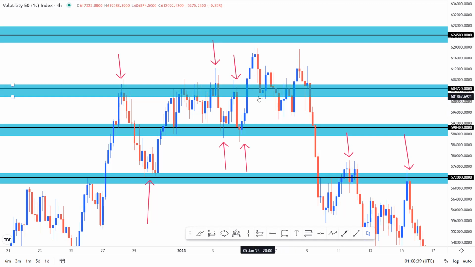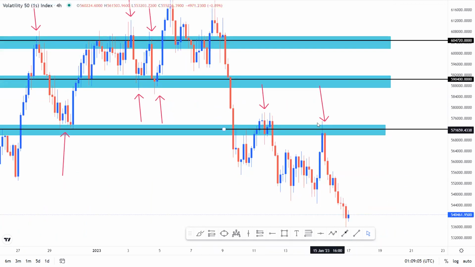As you can see from the Volatility 51 index chart here on my screen, I have clearly identified various key levels while marking out quite a number of scenarios with perfect trade setups using the momentum and rejection candlesticks as my entry confirmation.